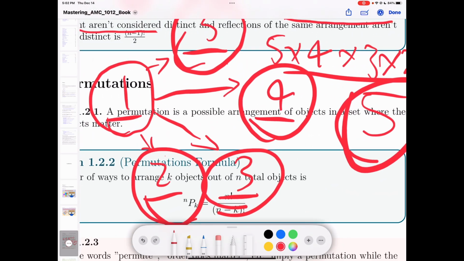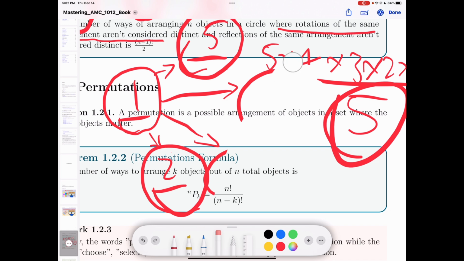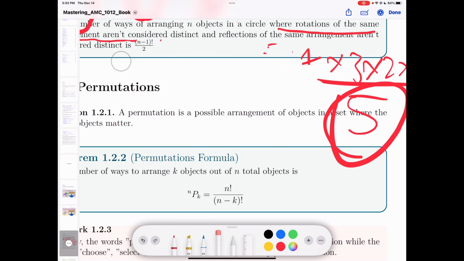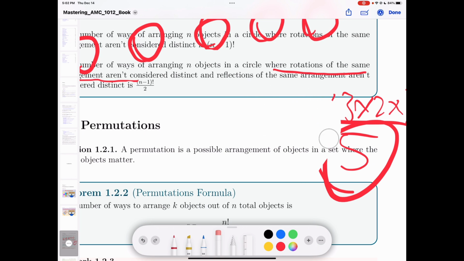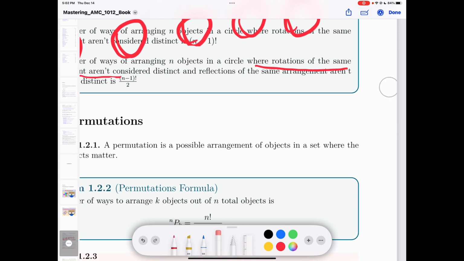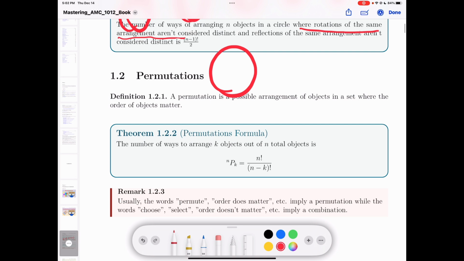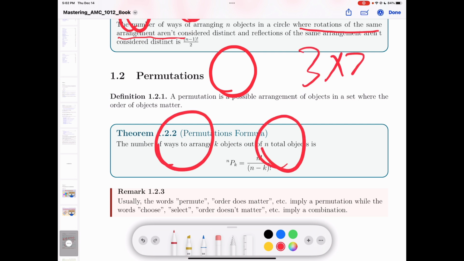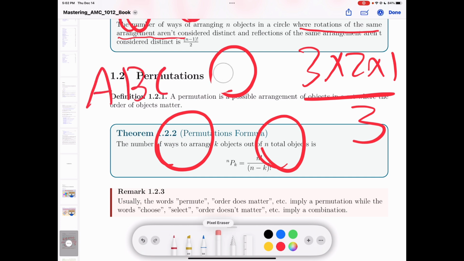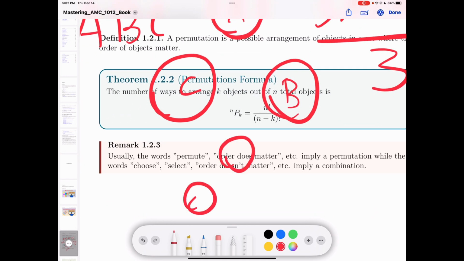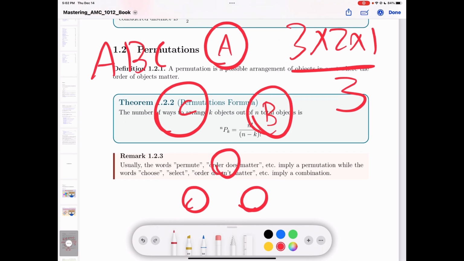So let's try to just do it with 3 balls, and we'll draw every case scenario. So maybe that'll help. So we have the possibility of this being A, B, C. Let's draw another case. So there are in total 2 ways to arrange this.